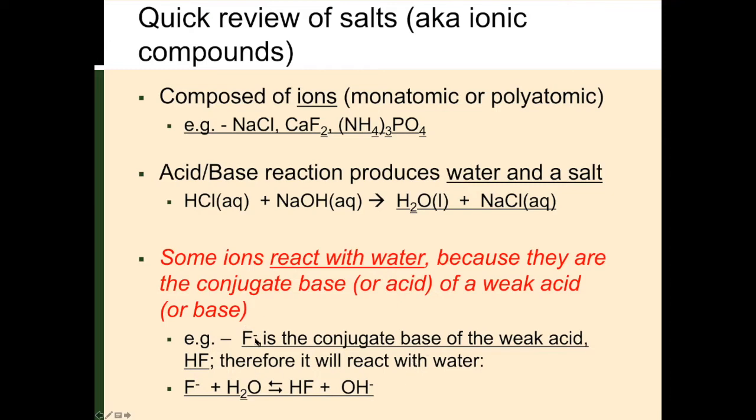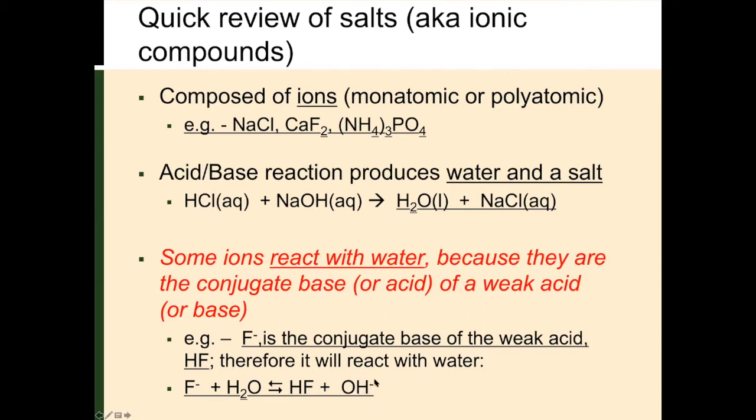Now, because of that, it will behave as a base in water, and that's what we see here in this reaction. So the fluoride, we said it was the conjugate base of a weak acid, so it's going to behave as a base. Well, what do bases do? They accept H+. So this fluoride is going to take on an H+ from a water molecule, making HF, hydrofluoric acid, but more importantly, what's left over from the water molecule is the hydroxide ion, OH-.